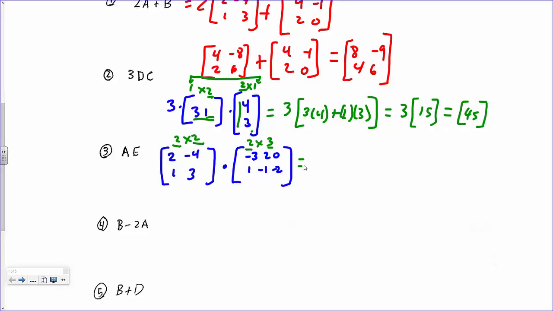So what I really have here is I'm going to take this row and multiply it by the first column. So it's 2 times negative 3, plus negative 4 times 1.